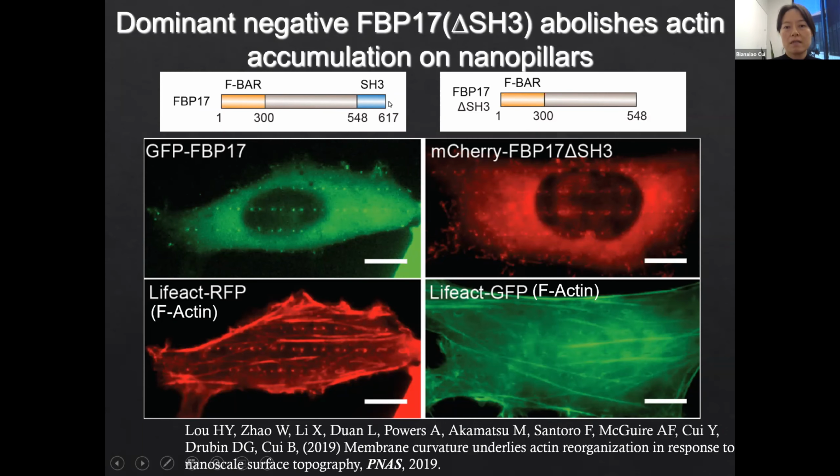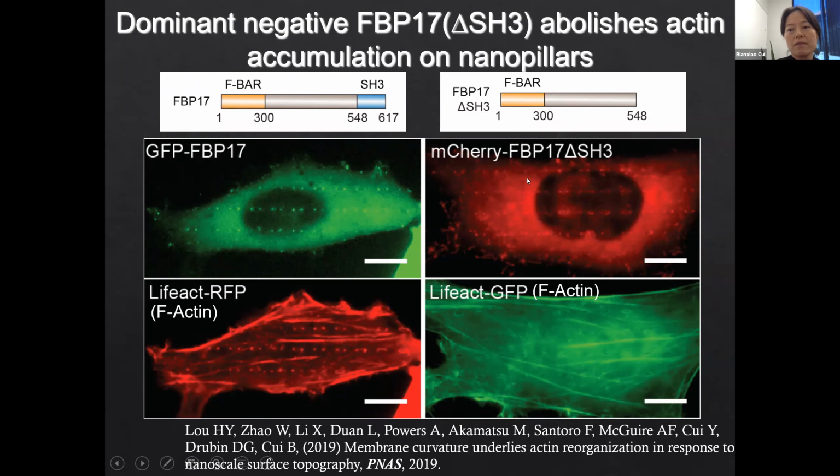So we chopped off this SH3 domain and kept the curvature sensing domain. In these cells, there is the dominant active FBP17, and this is the wild type FBP17. Wild type FBP17 accumulates on the end of the nanobars, and actin also accumulates at the end of nanobars.